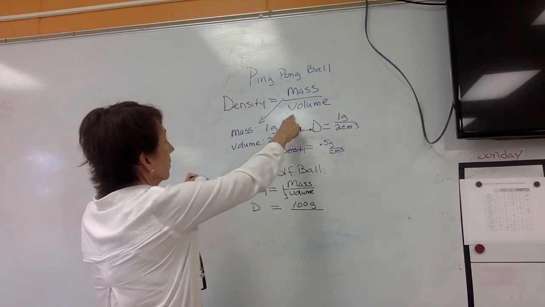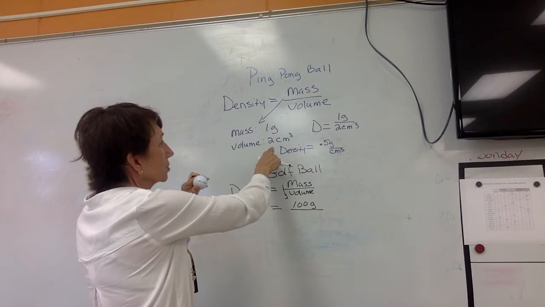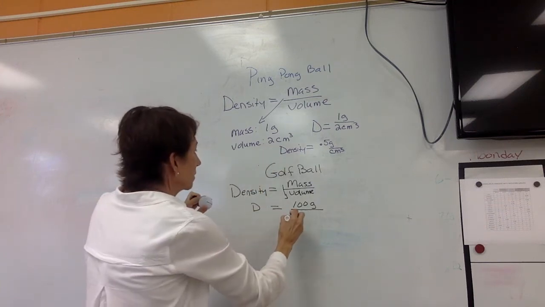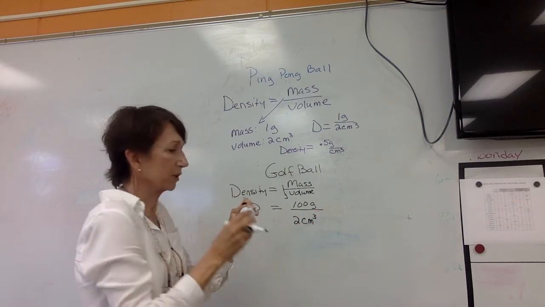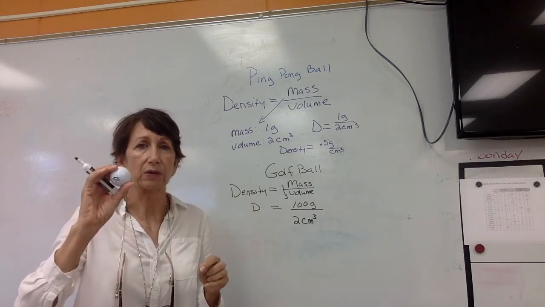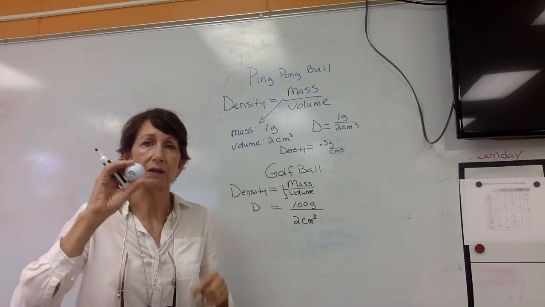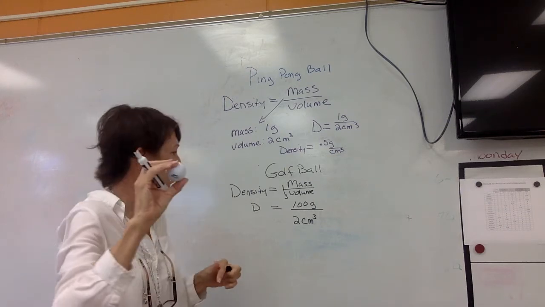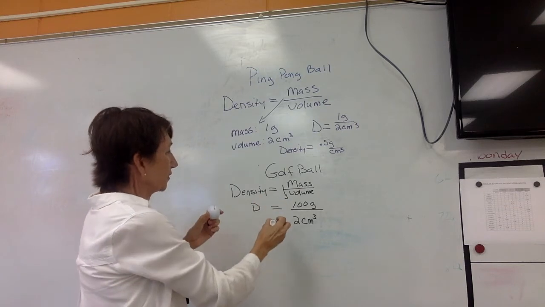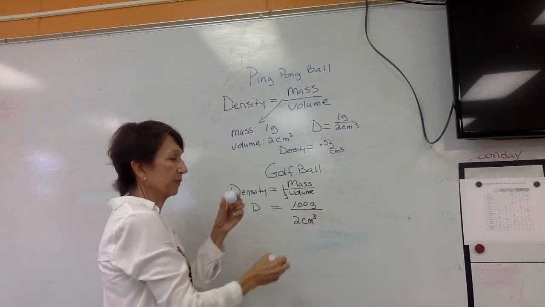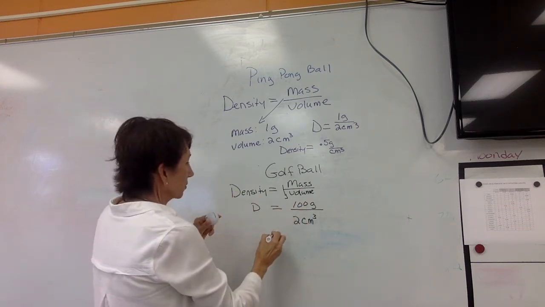And the volume of the ping pong ball was 2 cubic centimeters, 2 centimeters cubed. Again, remembering that it is a regular solid, and so I used a formula to get the volume of this, okay?